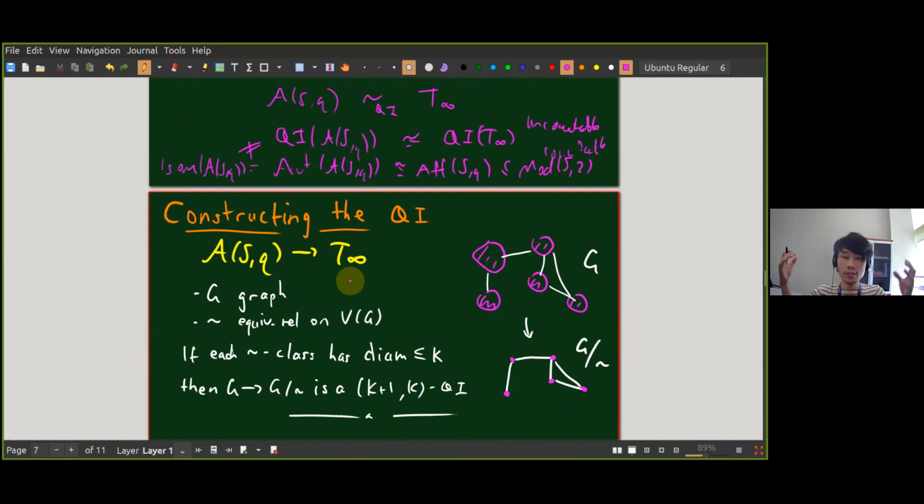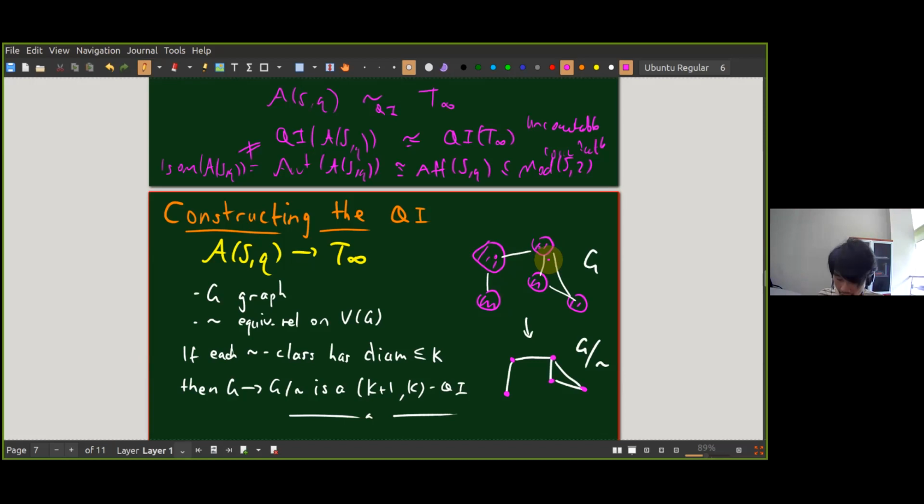Basically you define an equivalence relation on the vertices. When you do the quotient, your vertices are going to be equivalence classes, and two equivalence classes are adjacent if there exists some vertex here adjacent to some vertex here. So you partition the vertex set, then you have a quotient map which sends each blob to a vertex, and you have the edges if there exist ones here.